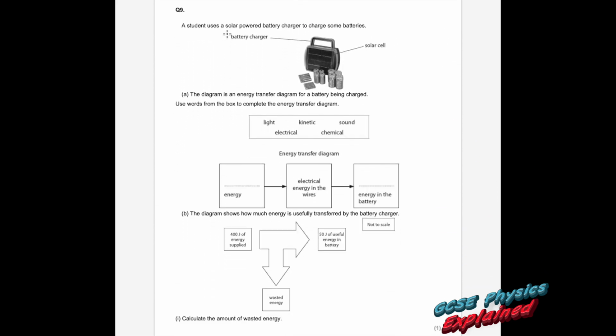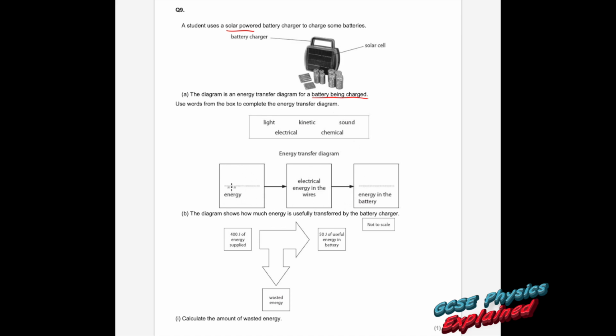Question 9. A student uses a solar-powered battery charger to charge some batteries. The diagram is an energy transfer diagram for a battery being charged. Use words from the box to complete the energy transfer diagram. Right, what we've got.